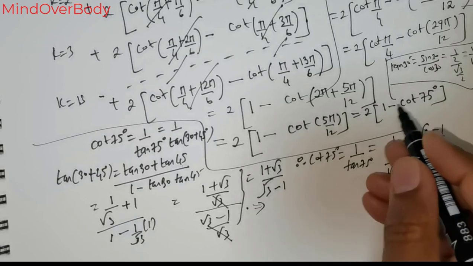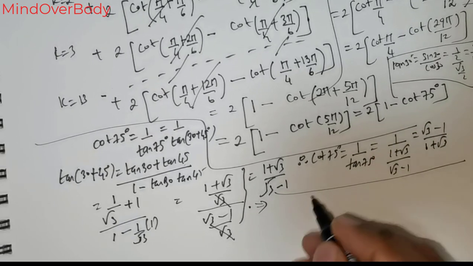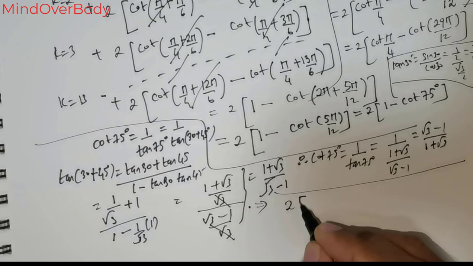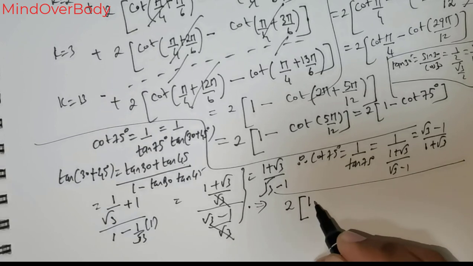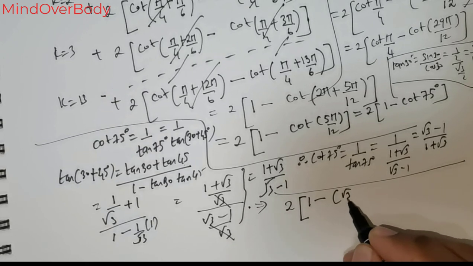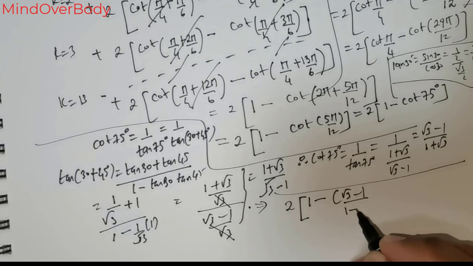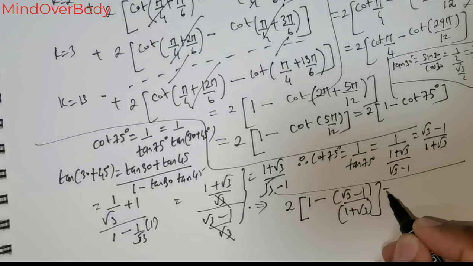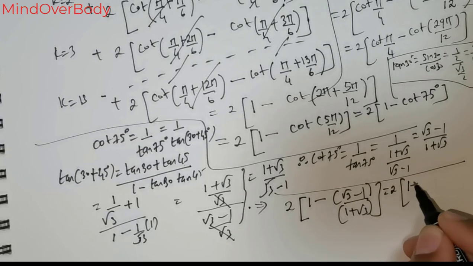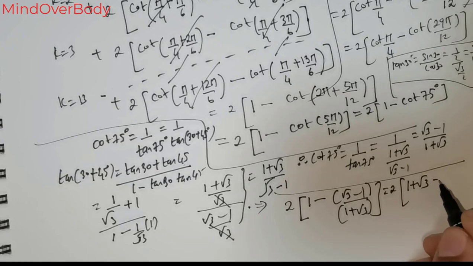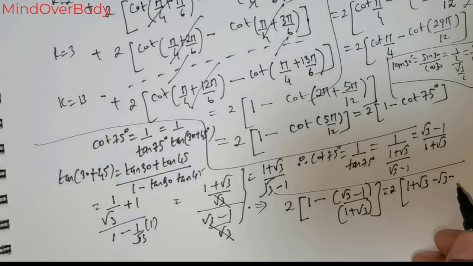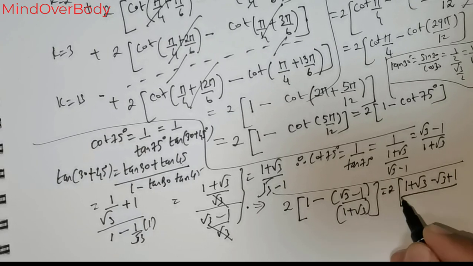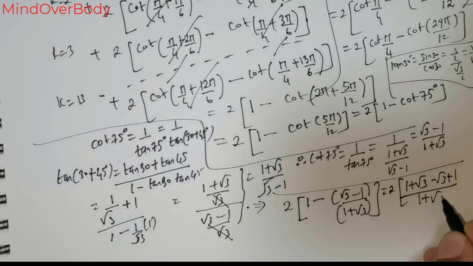So this is equal to 2 times 1 negative root 3 minus 1 divided by 1 positive root 3. So this is equal to 2 times 1 positive root 3 negative root 3 positive 1, divided by 1 positive root 3.